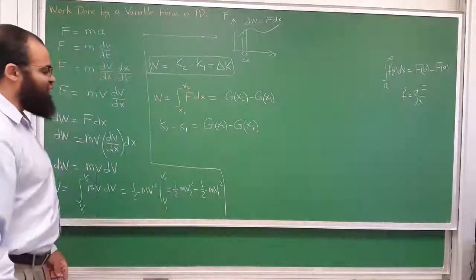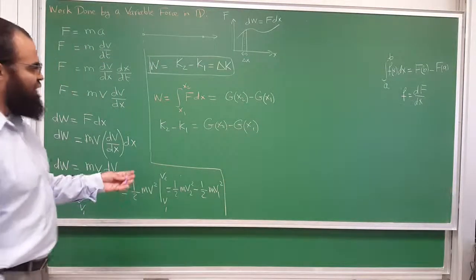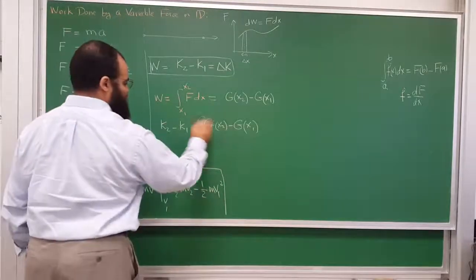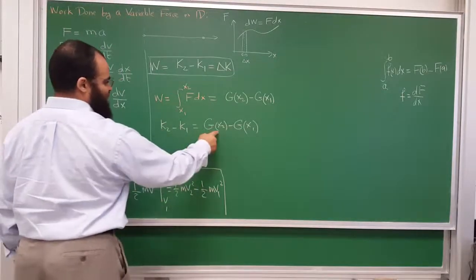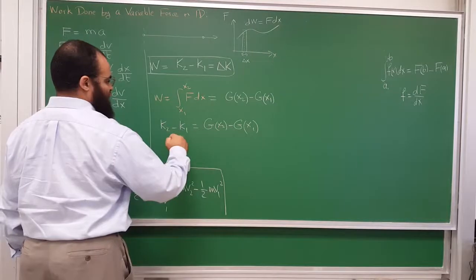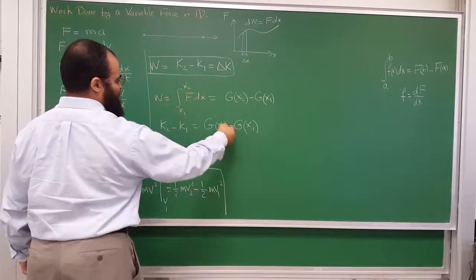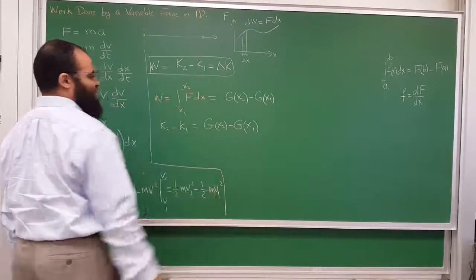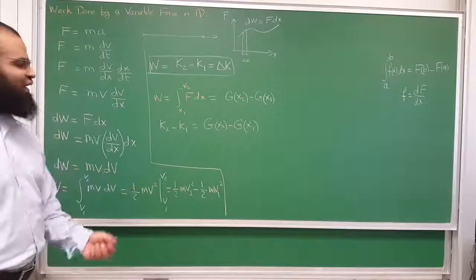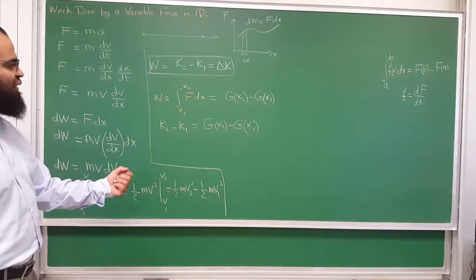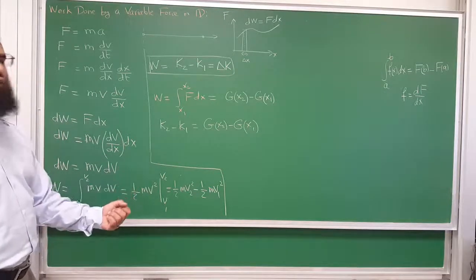Notice if I try to collect the 2's together on one side, I would get K2 minus G2, if you move this one to the other side, equals K1 minus G1.